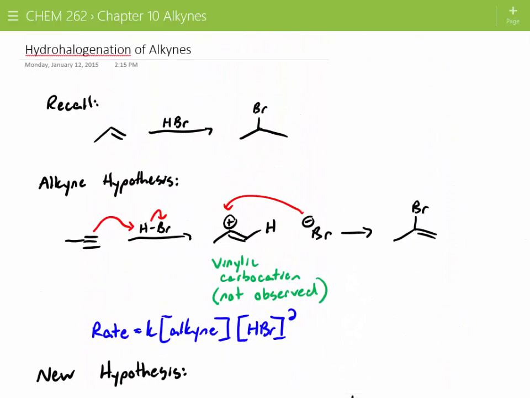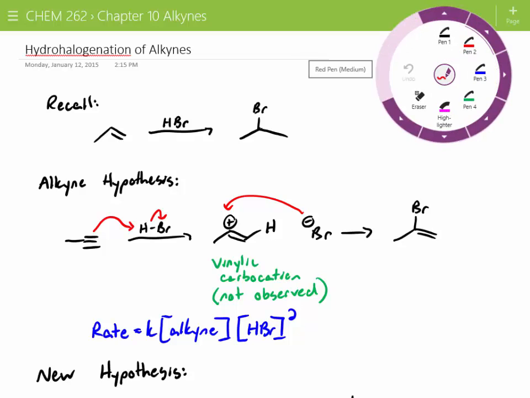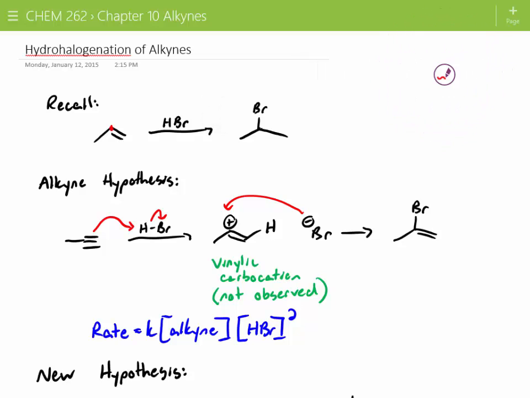All right. So yesterday we were talking about hydrohalogenation, and we've already covered hydrohalogenation with alkenes, with double bonds. And we said when we react an alkene with hydrobromic acid, the bromine will add to the Markovnikov side or anti-Markovnikov side? Markovnikov, right? So if we look at the double bond, it's going to add to the more substituted side of that double bond.